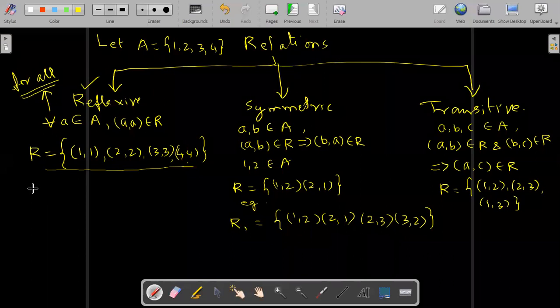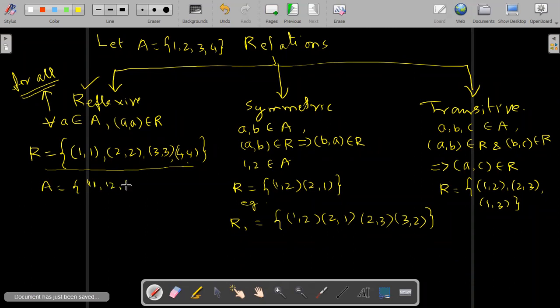Suppose A is a set of elements 11, 12, and 14. Okay.